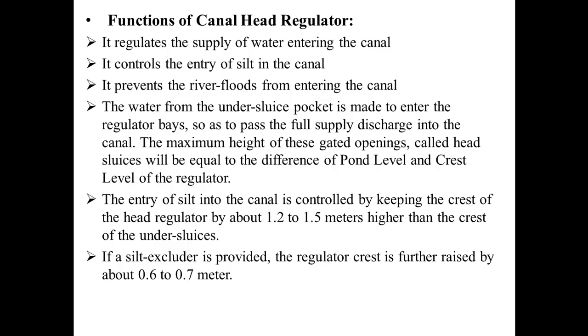Number 2, it controls the entry of silt in the canal, meaning clear water enters the canal and the silt is removed. Number 3, it prevents river floods from entering the canal. When floods come in the river, the canal head regulator gates are closed so that the flood water does not enter the canal.